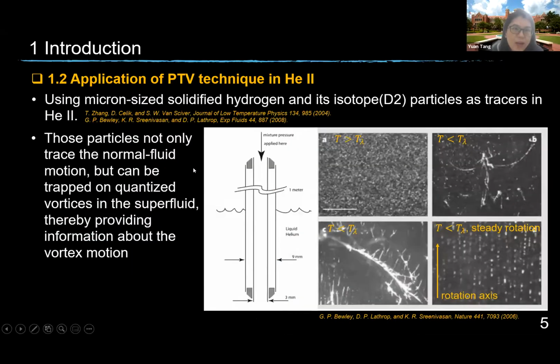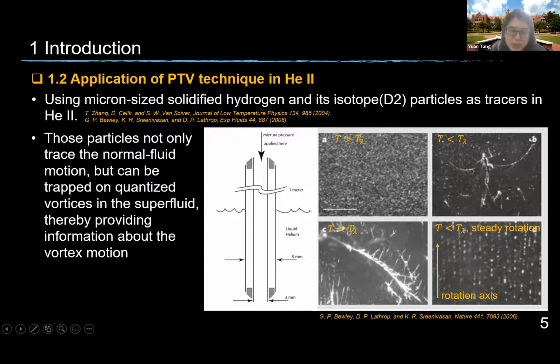In the past, micron-sized solidified particles of hydrogen and its isotope deuterium, or D2 for short, have been successfully used in helium-2 as tracers. Those particles are usually formed by injecting a room temperature gas mixture of hydrogen and helium, or D2 and helium, through an injection tube into the liquid helium.